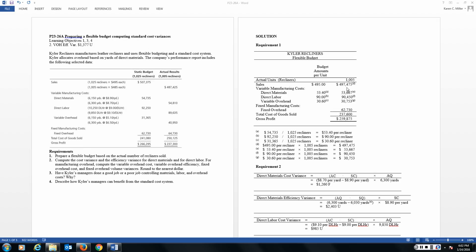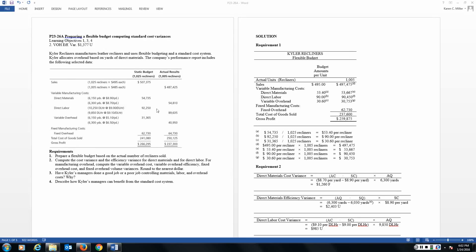Now we have to calculate. These aren't given to us quite as easily. We have to calculate the budgeted amounts per unit for material, labor, and overhead. But if I had estimated $54,735 divided by 1,025 recliners, that gives me $53.40 per recliner.